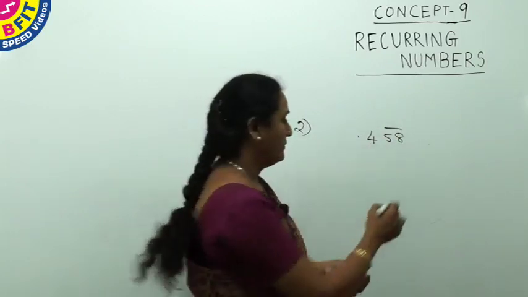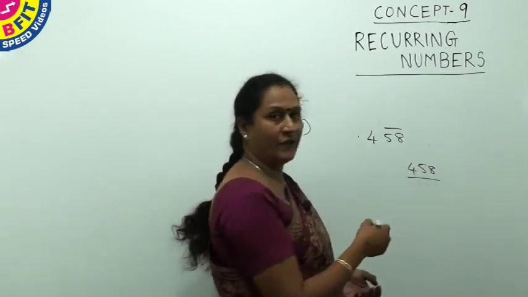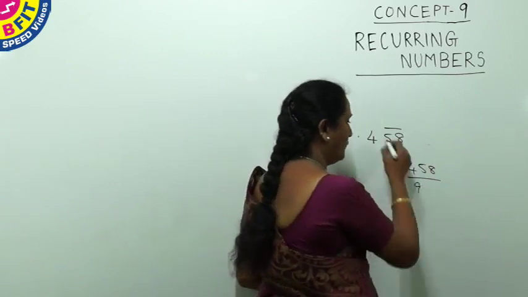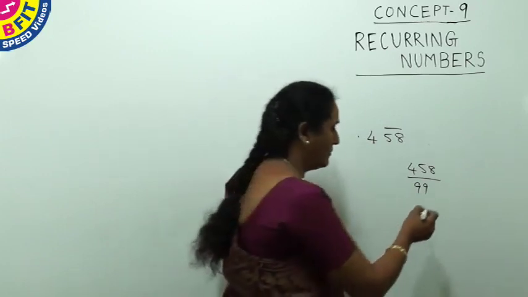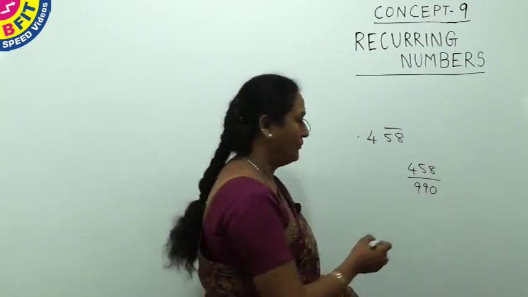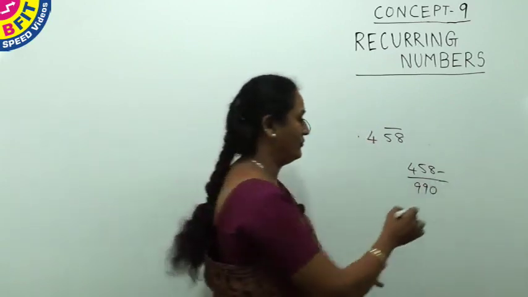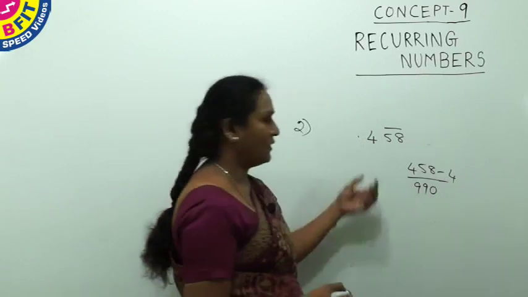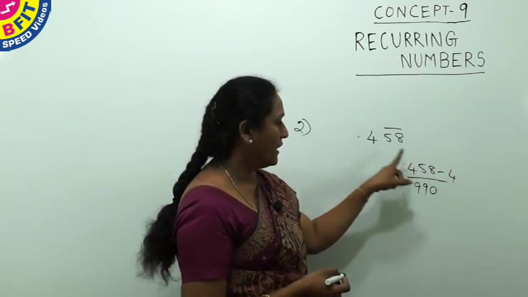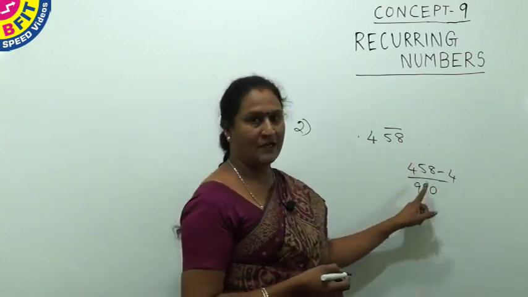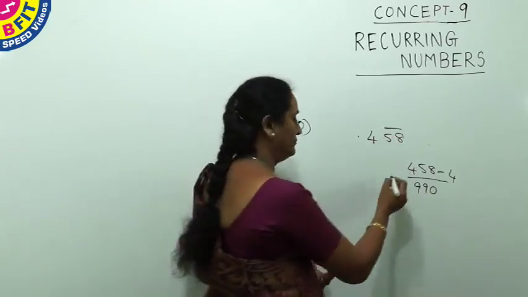Write this as 458 by, for two recurring numbers 99, and for a non-recurring number 0, and this 458 is subtracted with this 4. Whatever number is here, write that, subtract the non-recurring number, and for the recurring numbers write as many 9s as you have, and for a non-recurring number it is 0.